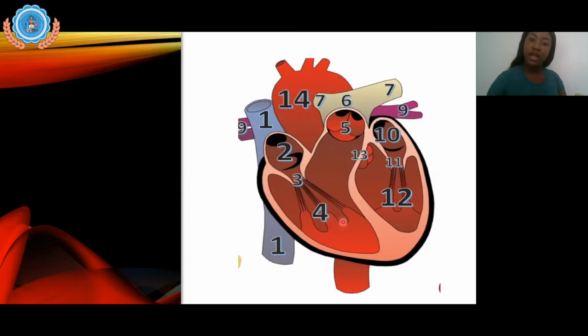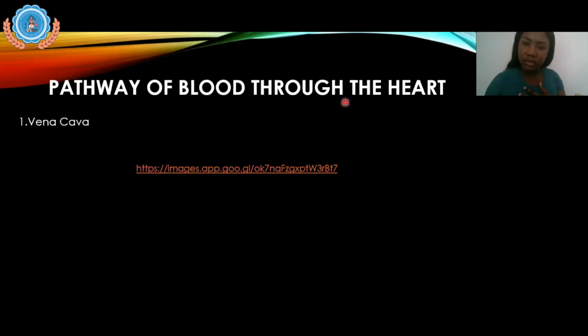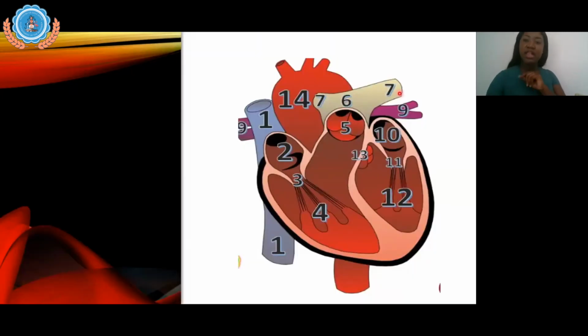Then it goes up. Number 5 will be the pulmonary vein. Number 6, I'm not sure about number 6. Let's take a look. Not too sure about number 6, but number 7 would be the pulmonary artery. Where's number 8?